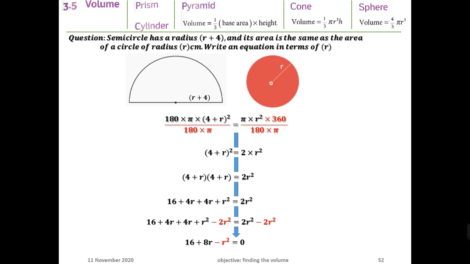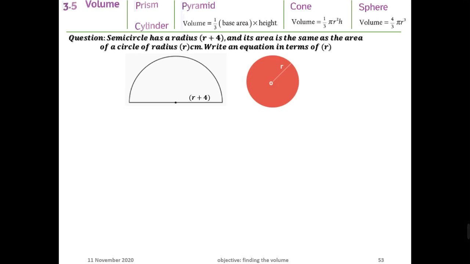Now, remember, we need to always keep the coefficient of r squared, x squared, n squared as a positive number. So what we're going to do in this case? We're going to multiply the whole equation by -1. When we multiply it by -1, we're going to multiply each term in the equation by -1.